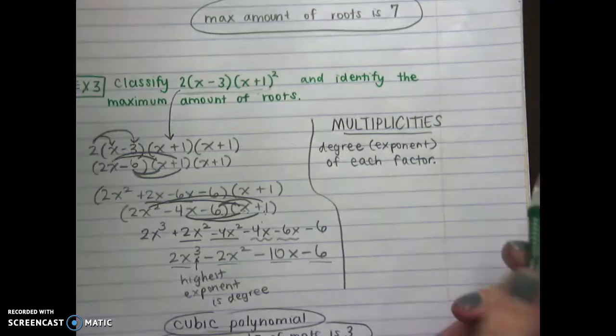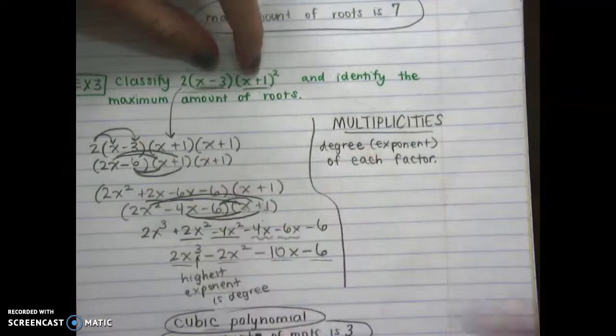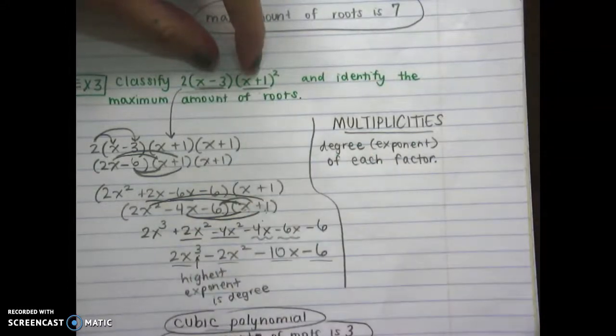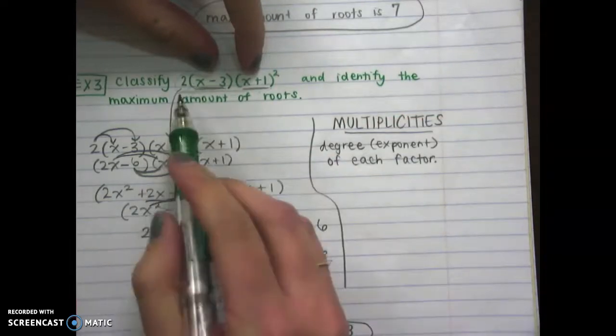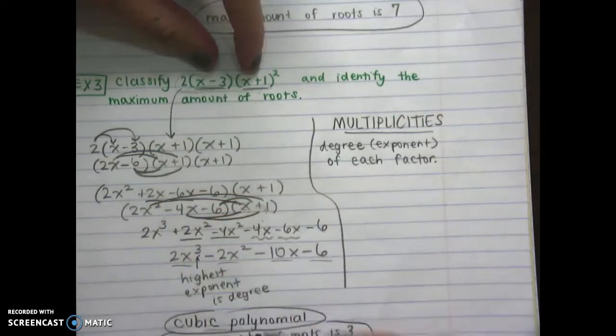So we have a factor of x minus 3 and a factor of x plus 1. Both of those have their own multiplicity. 2, remember, is just the stretch. It does not affect your actual factors or your x-intercepts, roots, zeros.